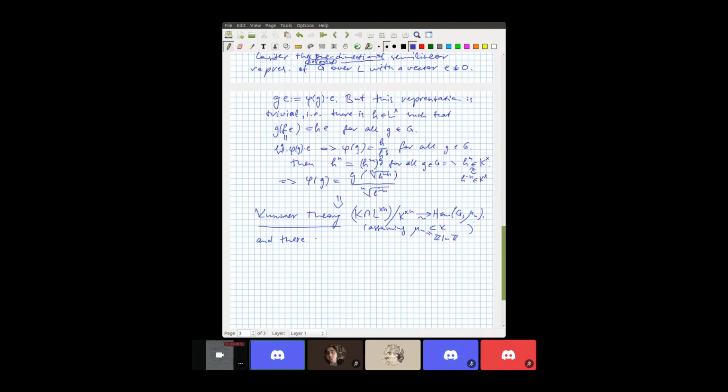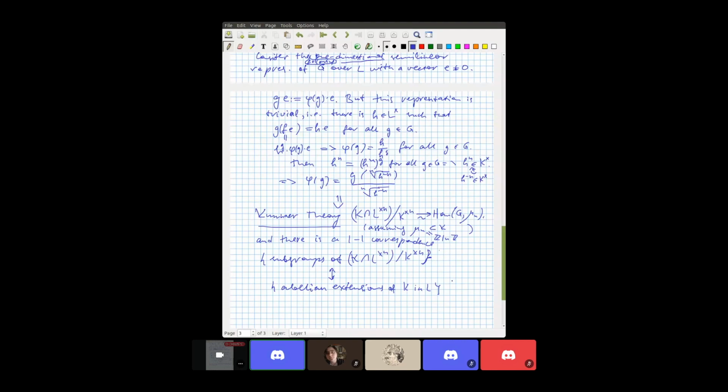There is a one-to-one correspondence between subgroups of the source of this isomorphism, K star intersected with L to the n over K to the n, and abelian extensions of K in L, and the correspondence is given as follows.